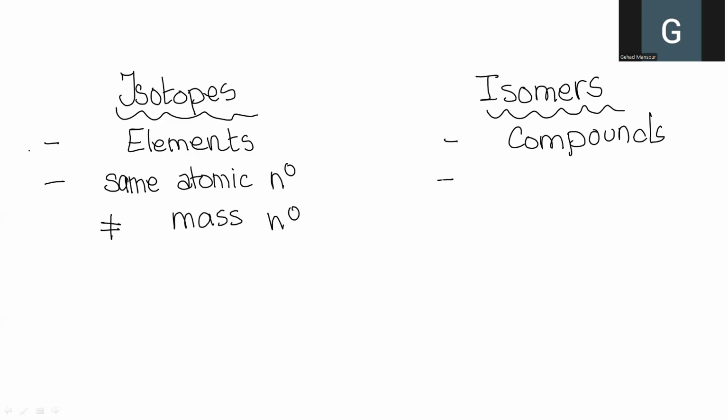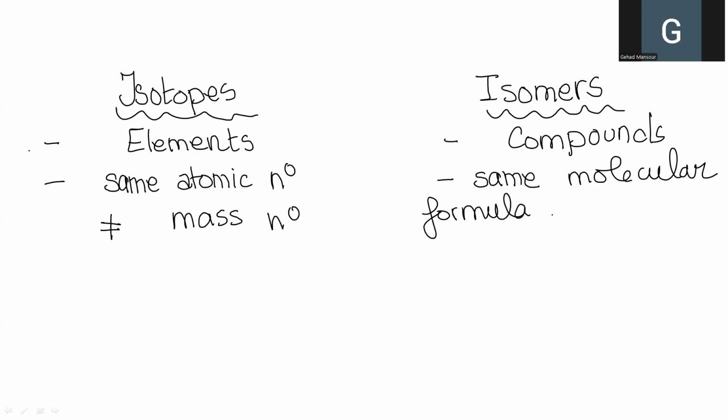Whereas isomers are compounds that have the same molecular formula, but they have a different structural formula or different arrangement of atoms.